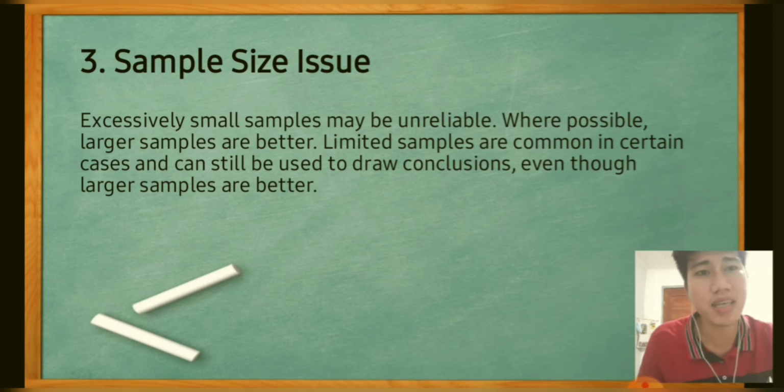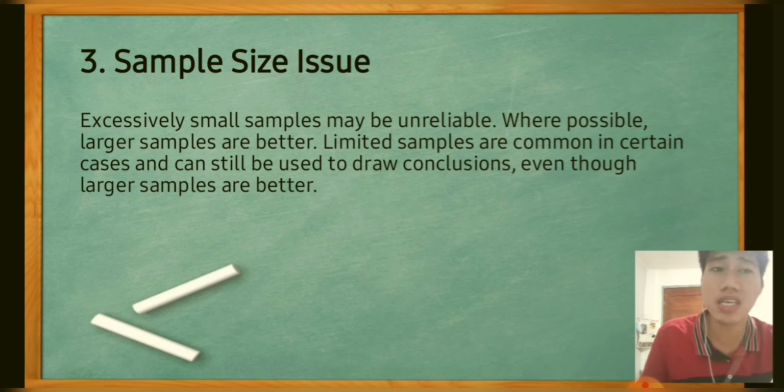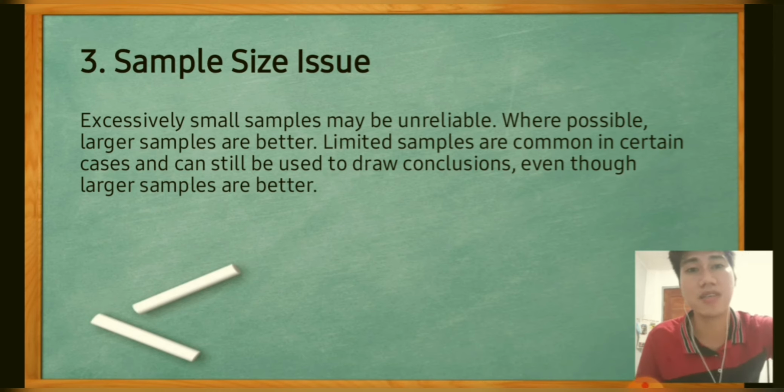Limited samples are common in certain cases and can still be used to draw conclusions, even though larger samples are better. However, the larger the sample, the better. We can get better results from our research or surveys.